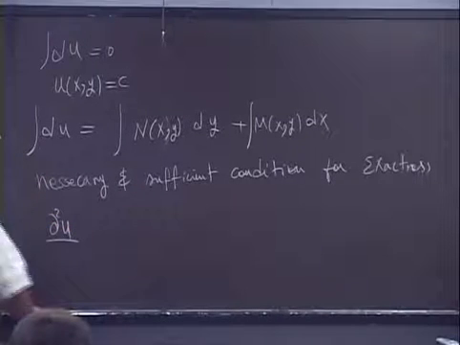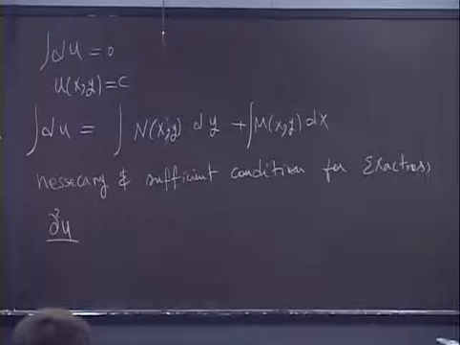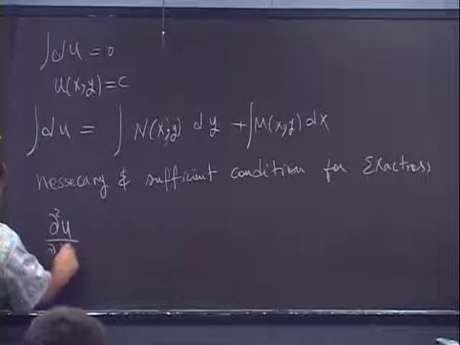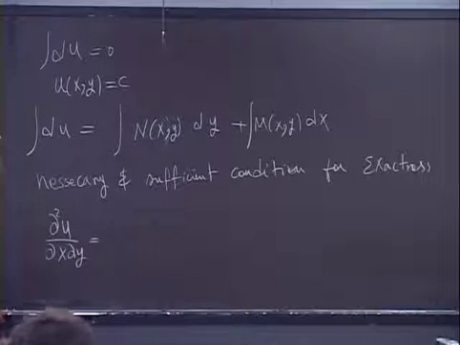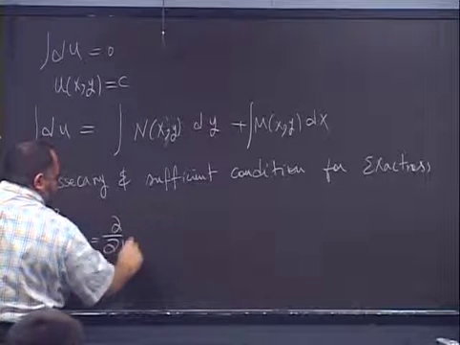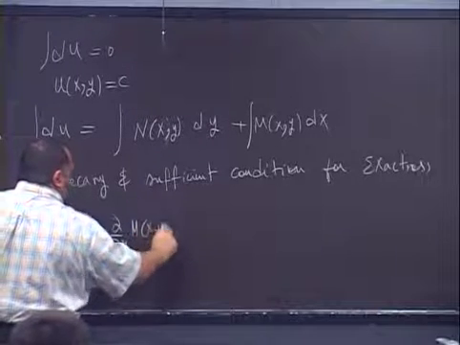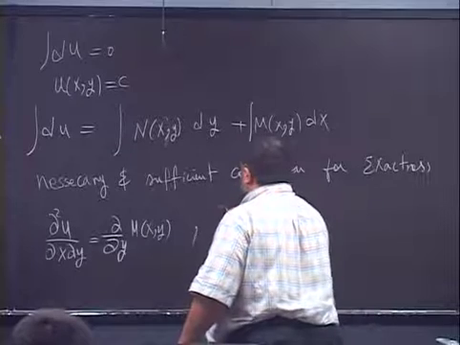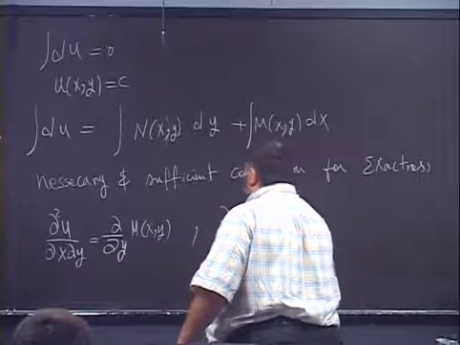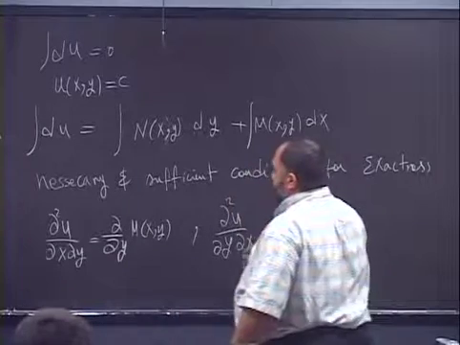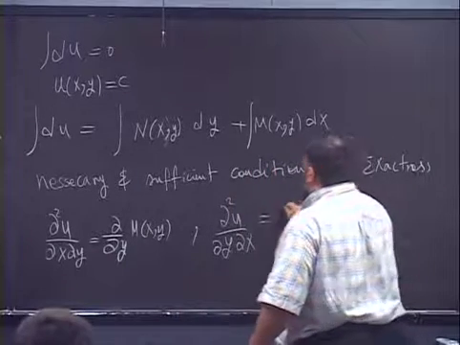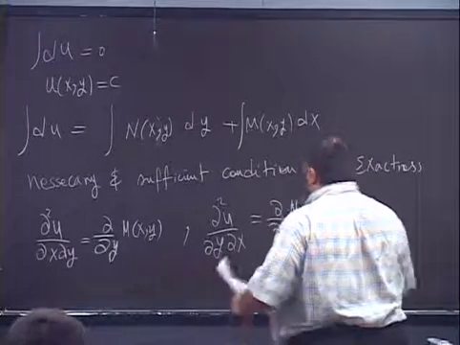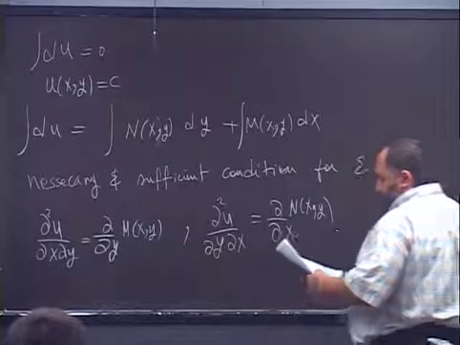If you differentiate ∂u/∂x once more, but now with y, so ∂²u/∂x∂y, this will give you ∂M/∂y. And differentiate ∂u/∂y, but now with x, so this will give you ∂²u/∂y∂x, equal to ∂N(x,y)/∂x.